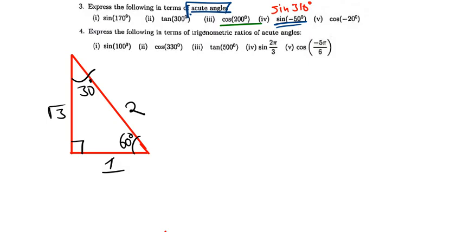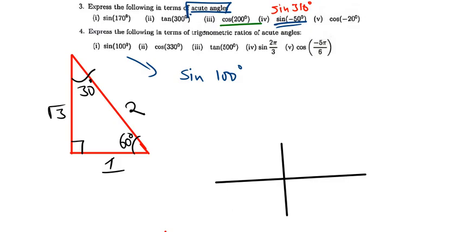Okay, so sine 100. The first step is to find the acute angle. Now sine 100, you're always advised to draw the quadrant. All students take calculus, and then if you look at that, what are we saying?